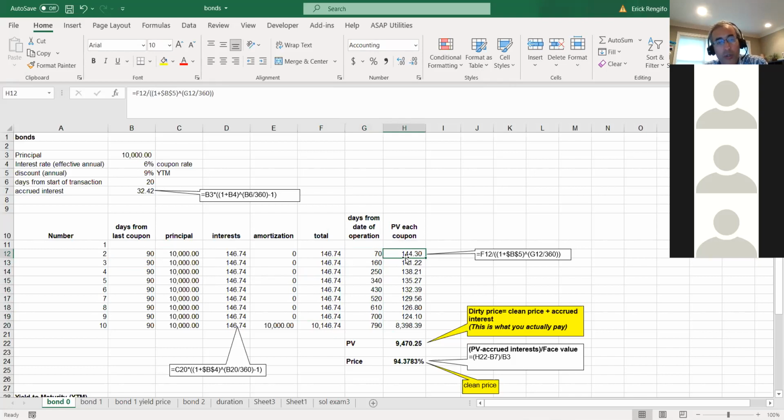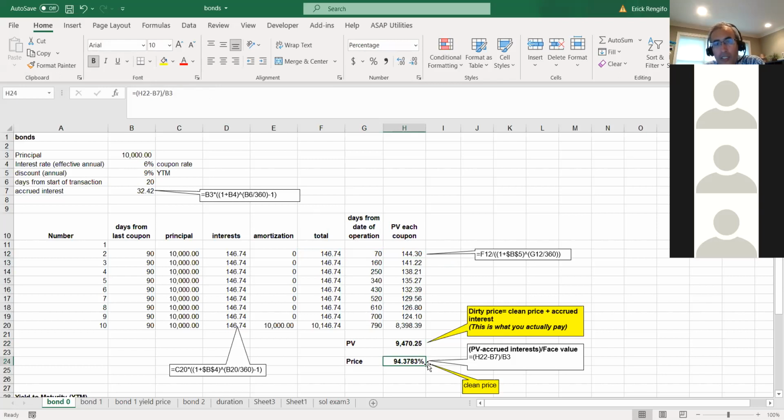This is going to be equal to my coupon divided by 1 plus B5. B5 is my discount rate, my yield to maturity, 1.09, to the power of 70 divided by 360, because this is an annual rate. Then you compute all the values and sum them, and you obtain the dirty price, 9,470.